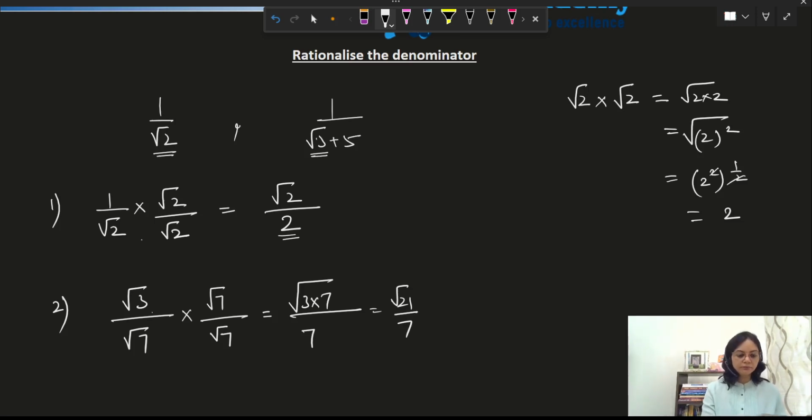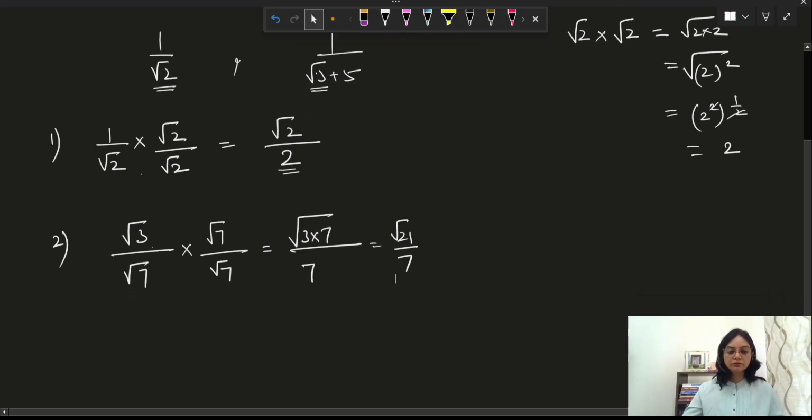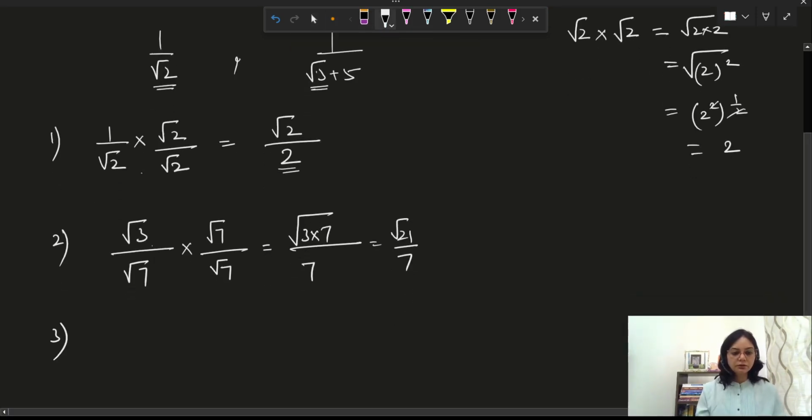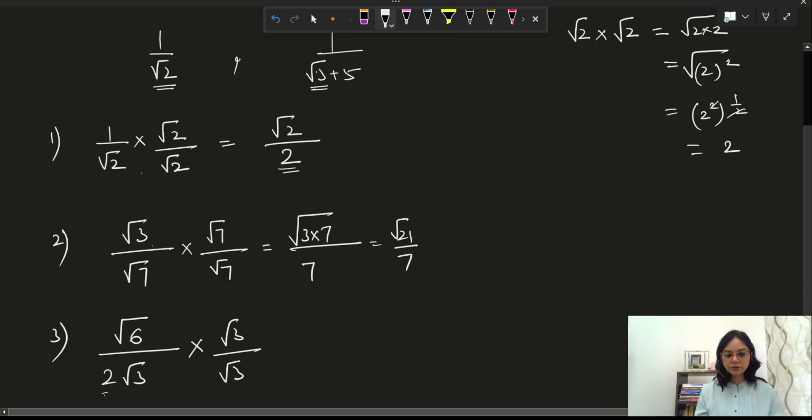Now let's take one little different question. Let's say you have root 6 by 2 root 3. I need to rationalize the denominator. So how will I do it? Don't take this 2 with it, just take only root 3 by root 3. This will become 6 into 3 root in the numerator, and 2 into 3 in the denominator.